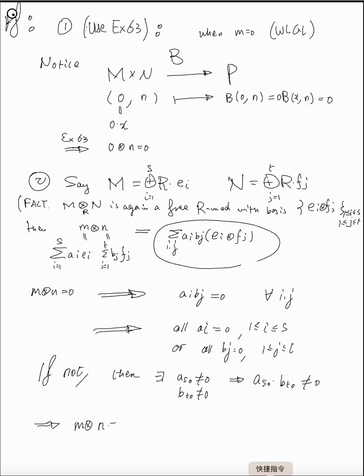But if you find one coefficient that is not zero, then this is not zero. Contradiction. So this tells us that all a_i equals zero or all b_j equals zero. And so this is telling you that M equals zero or N equals zero.